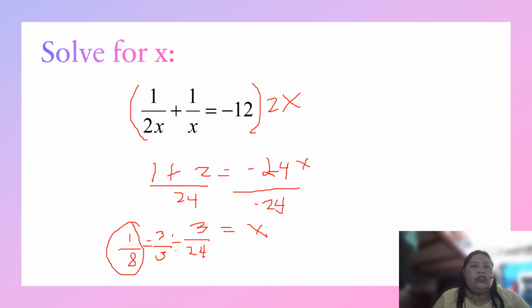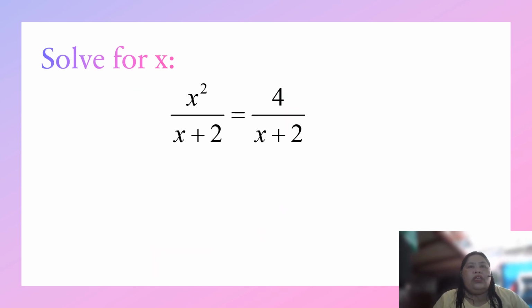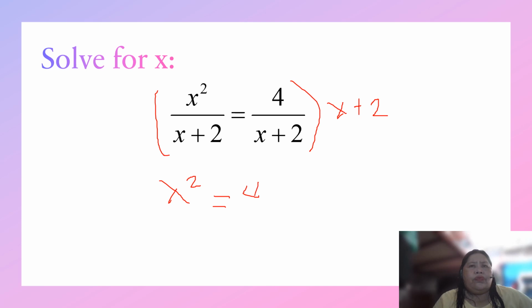Okay, next. So we have here the same, no? We can divide both sides by x plus 2 since they are common. So we have x squared is equal to 4.